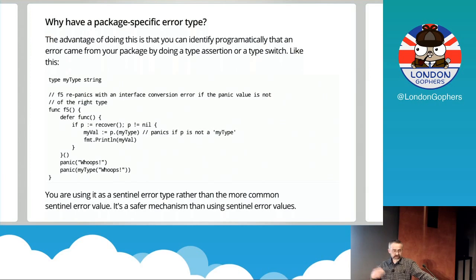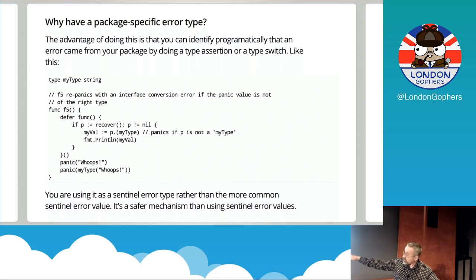So if you're expecting your code to panic with a certain type of error, you can panic with that error where you use it, and in your recovery, if it's not of that type, so something unexpected has happened, you can just do that assertion, and this code will re-panic.